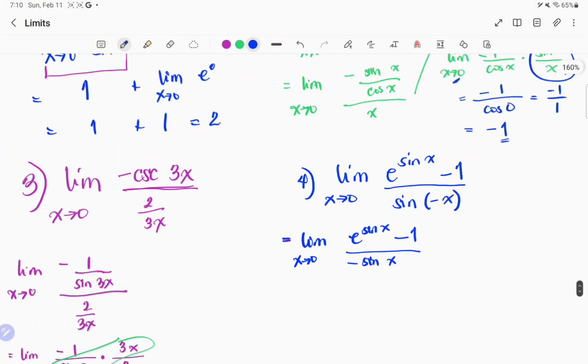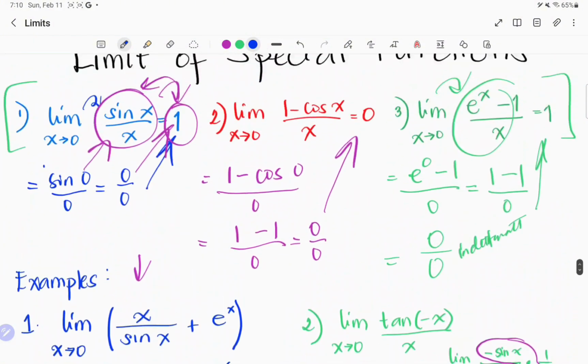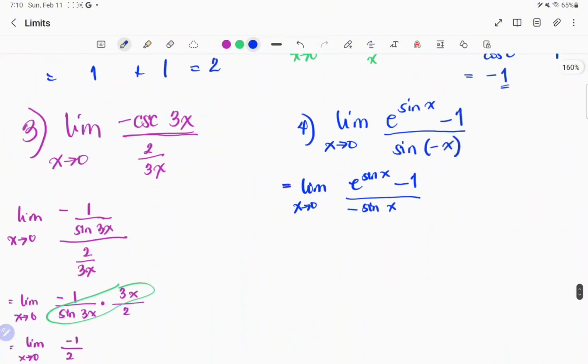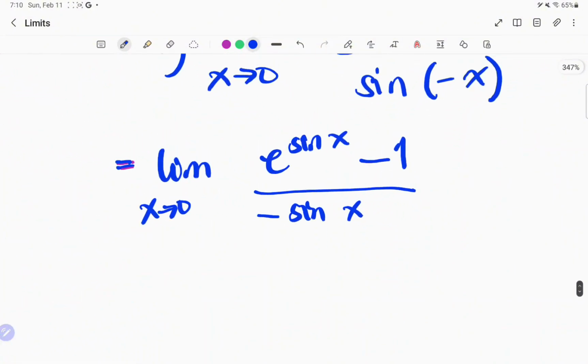Why do we have to produce the same function in our denominator? Because in our function here, as you can see, our exponent in the numerator must be the same as the function in the denominator. So it must be the same. Well, in this case, they are already the same.